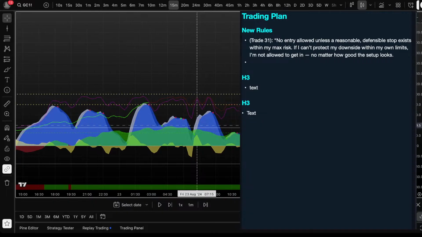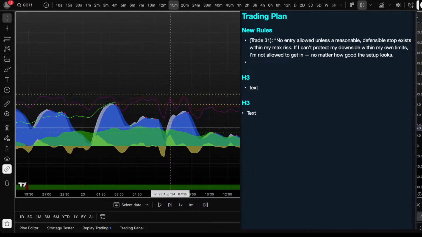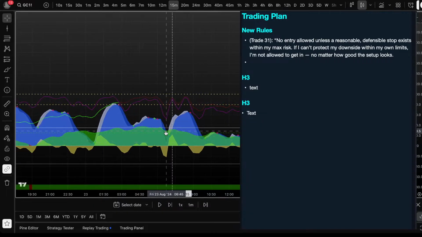Gotta get some screenshots going. So, I mean, this was not a terrible trade. It just, we were $800 in profit. It was a good trade that we weren't prepared to properly manage.